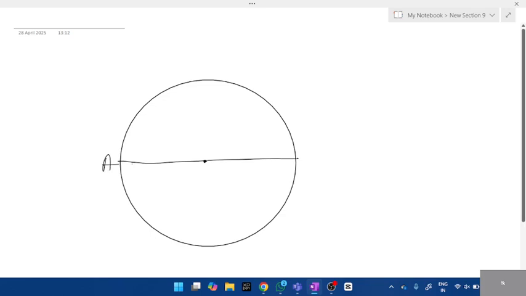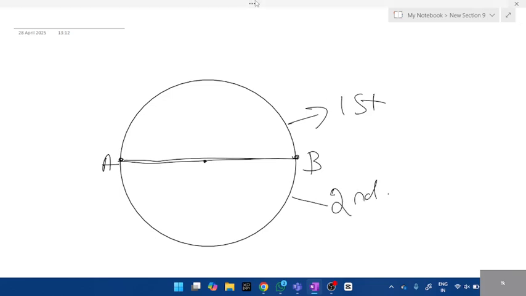This line AB splits the circle into two halves, students, two parts. First half, second half. We call it a diameter. AB is a diameter, and a diameter will split the circle into two halves. Now, semicircle. First semicircle and second semicircle.